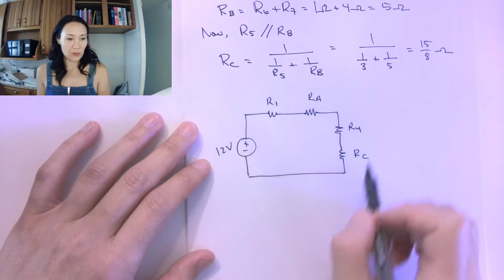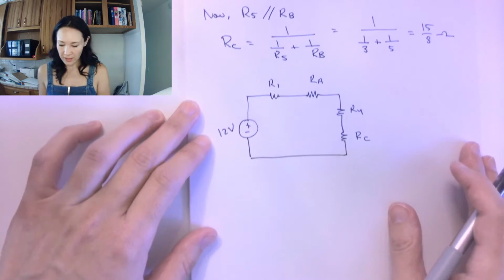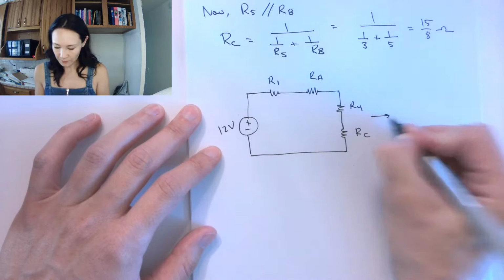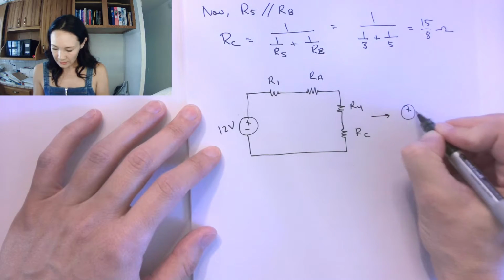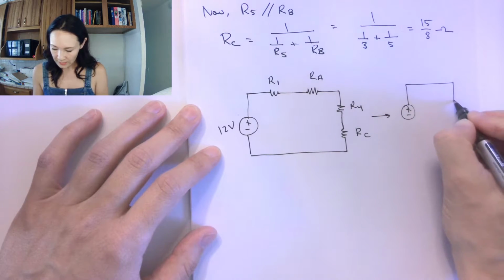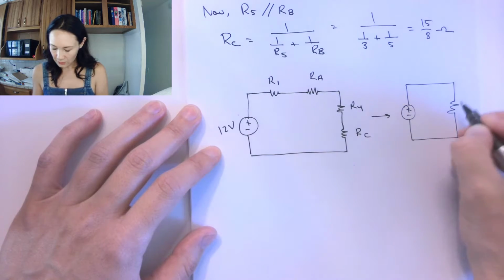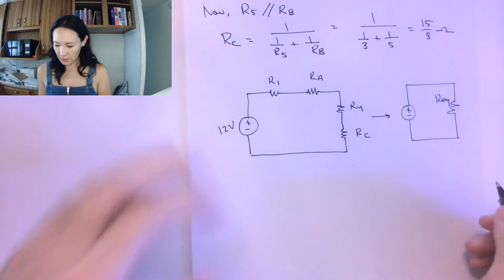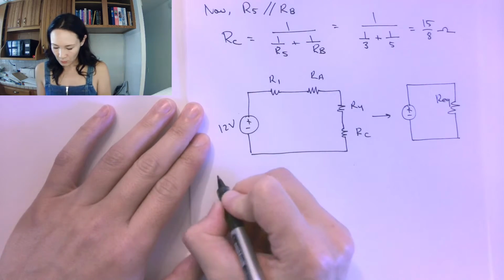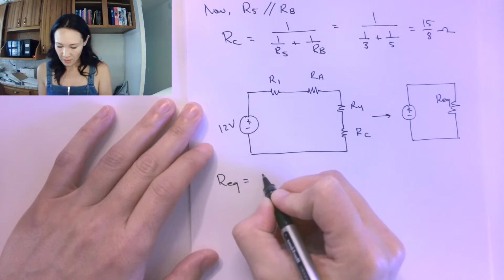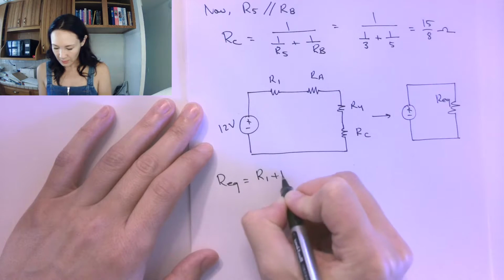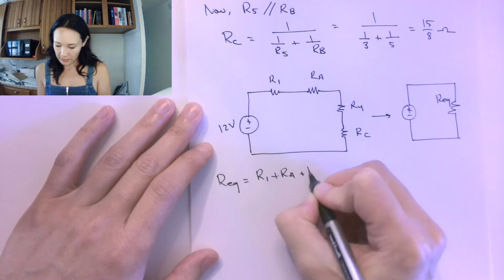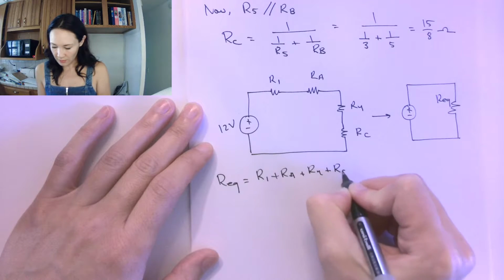So since all these resistors are now in series, I can find R equivalent for this whole thing. This is going to be the total resistance that's seen by the source. So our R equivalent for the entire series parallel circuit will be given by just adding up R1 plus RA plus R4 plus RC.